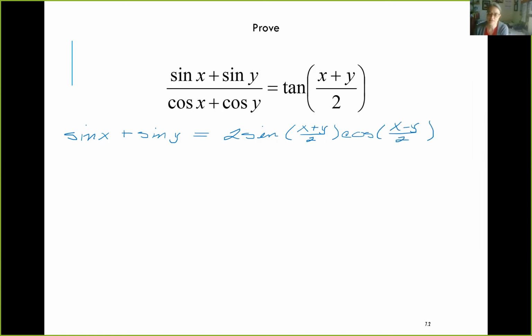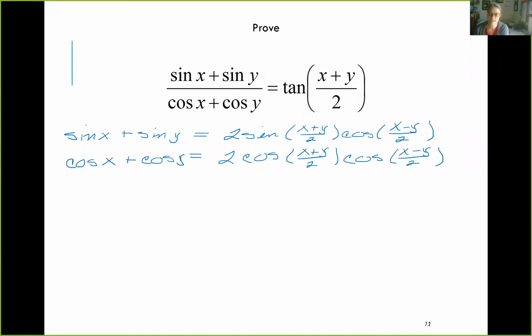Now let's see what happens when I write the denominator as a product. So cosine x plus cosine y is going to be 2 times the cosine of half of the sum times the cosine of half of the difference.